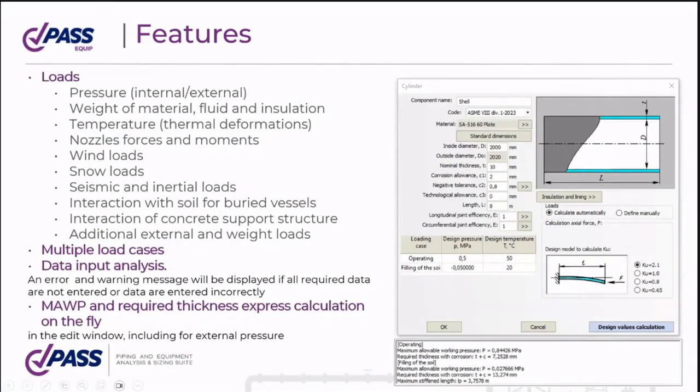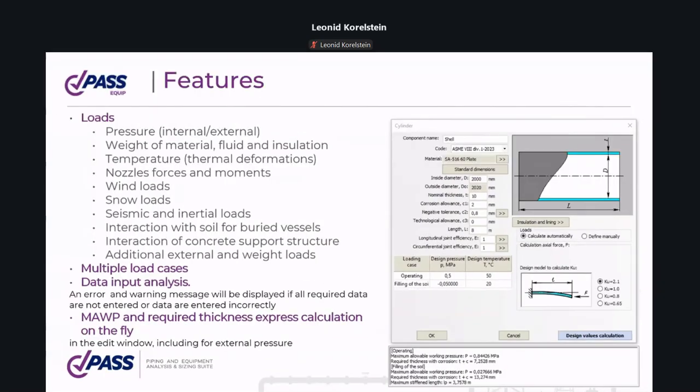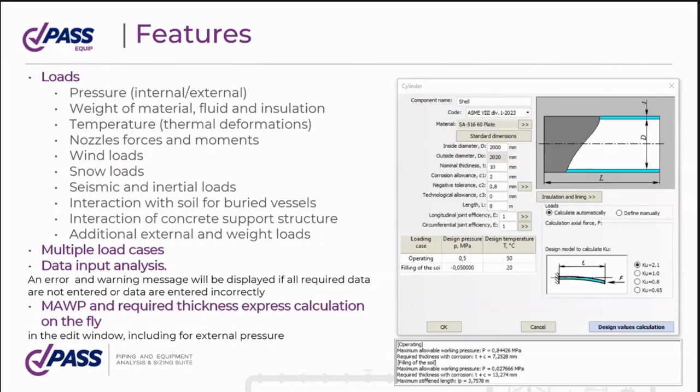Okay, what kind of loads? All kinds of loads that you have to apply to pressure vessels. Pressure, internal and external, and of course we address buckling analysis for external pressure. Weight of materials, fluids, and thermal insulation. Different temperature effects like thermal deformation, and it's important.